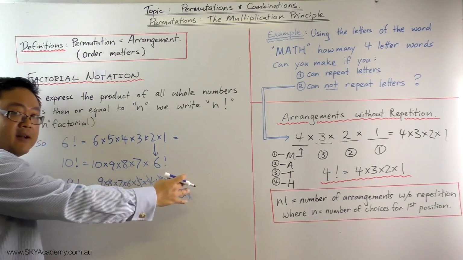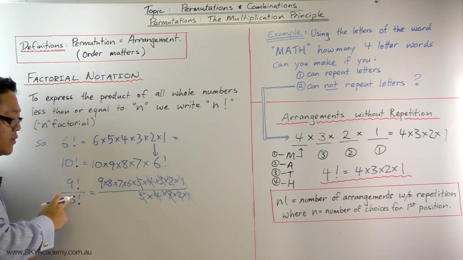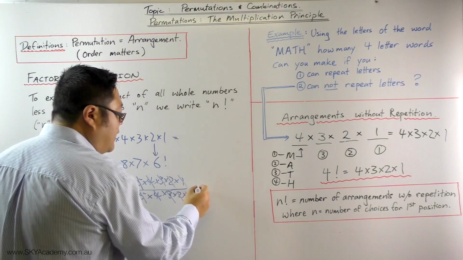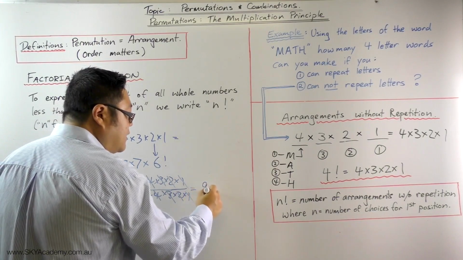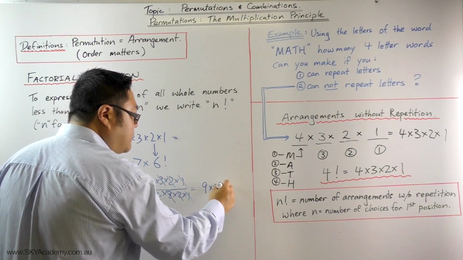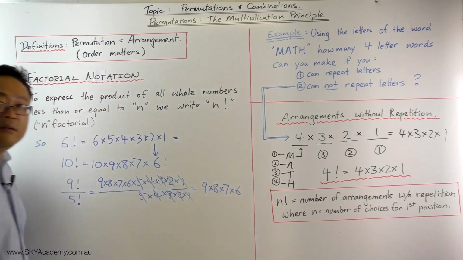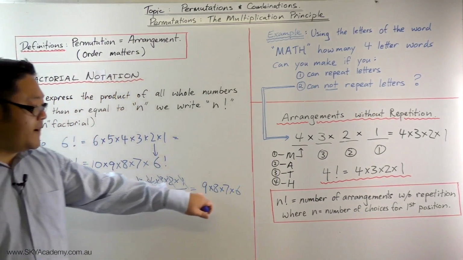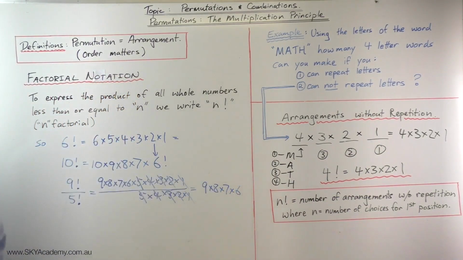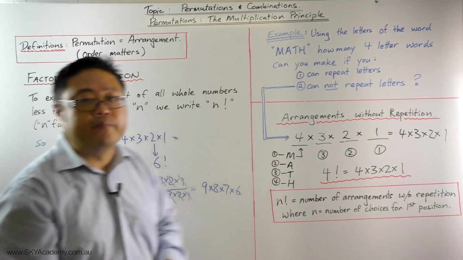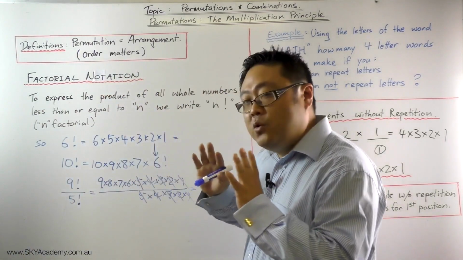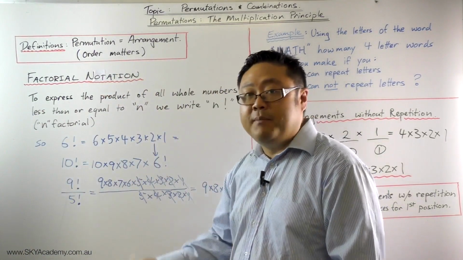How they all cancel out? 9 factorial over 5 factorial ends up being the product of 9 times 8 times 7 times 6. Got it? So it ends up being the product of all the numbers from 9 to the number just above 5. Got it?